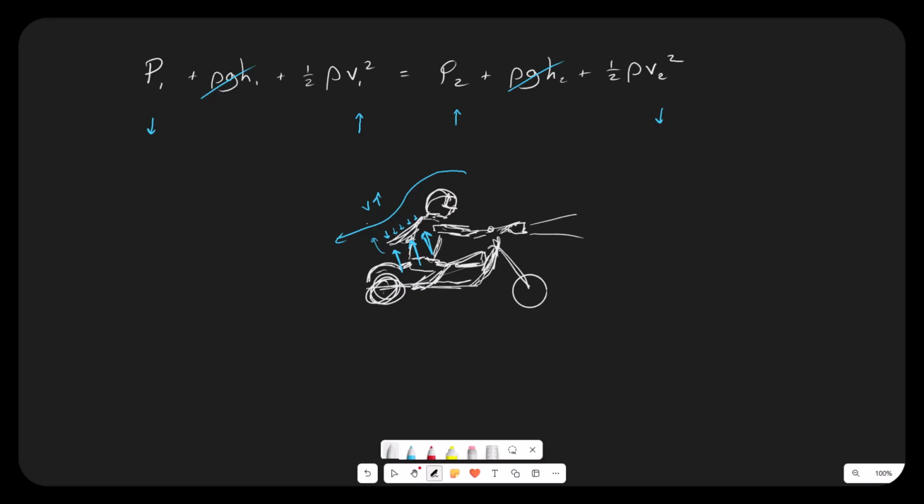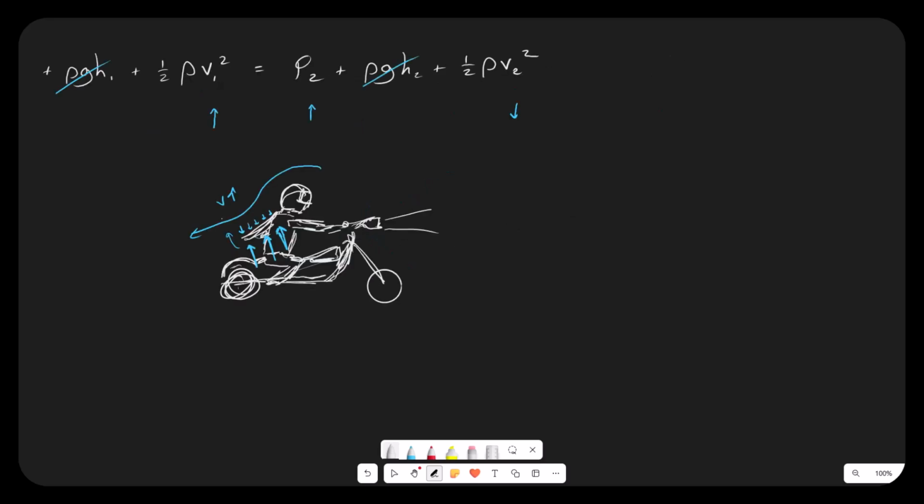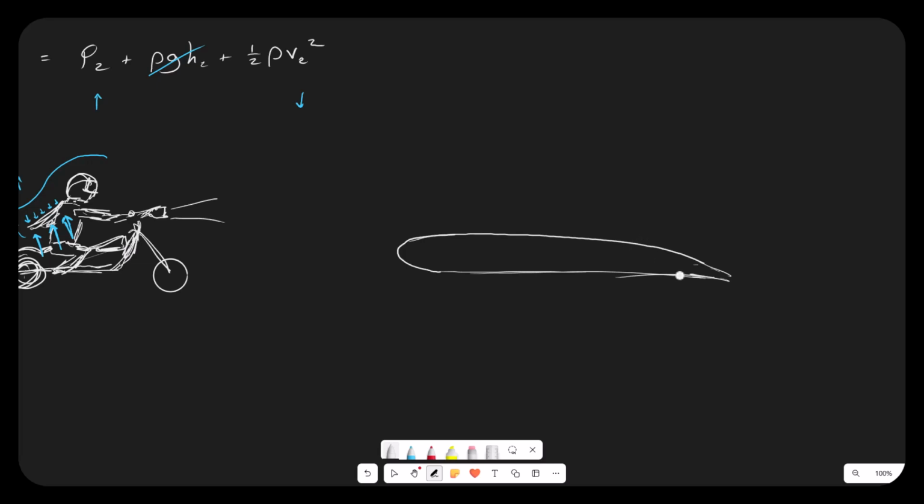The big one that we see this used in is airplane wings. When we have an airplane wing from a side view, it looks something like this, and then we get airflow.